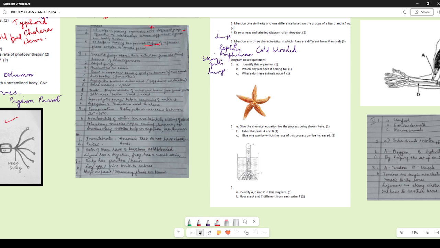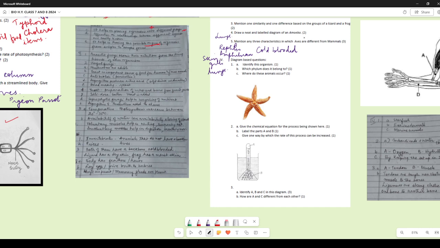Right? This difference you can mention. Similarity, you can also write that both of them have the vertebral column because both of them belong to vertebrates. You can also mention a lizard has a dry skin, whereas a frog has a moist and slimy skin. This can also be written.